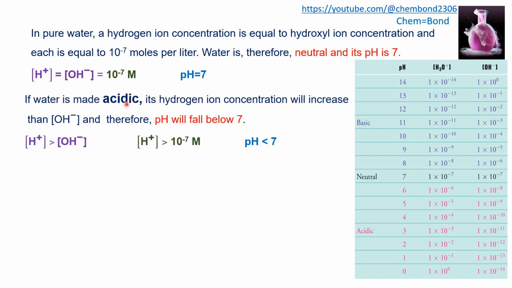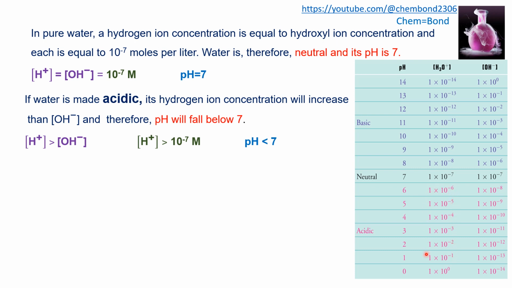If the water is made acidic, acidic means the hydrogen ion concentration will increase as compared to hydroxide ion, because the hydrogen ion represents the acidity and we are making the water acidic, which means that hydrogen ion will be more than hydroxide ion, and the hydrogen ion concentration will be more than 10 to the power minus 7 molar. So it is equal to 10 to the power minus 6, minus 5, minus 4, minus 3.